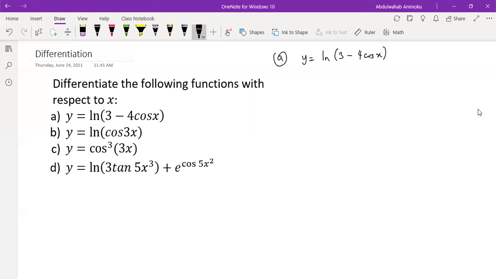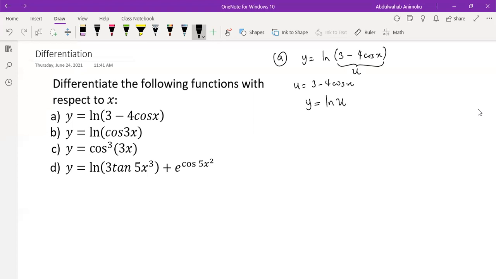You can see that we have ln of this function. So it makes it easier if I substitute another variable, u, for it. Let u be 3 minus 4 cos x. Now this simplifies my function to be ln u.